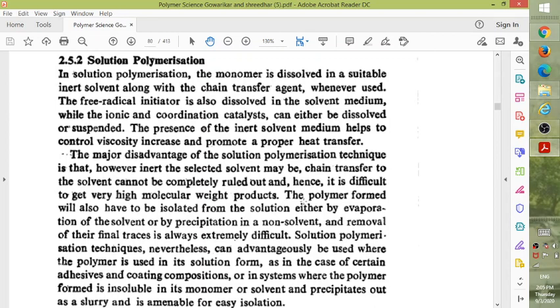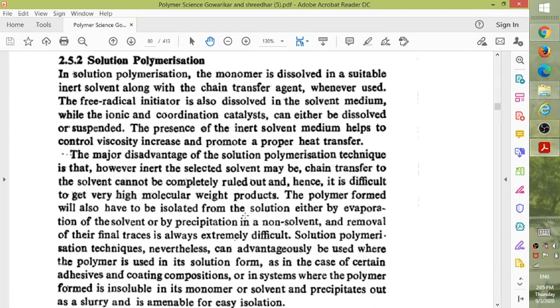The polymer formed will also have to be isolated from the solution either by evaporation of the solvent or by precipitation in a non-solvent. So you see the major disadvantages: you may be selecting a very inert solvent, but still there is some part of it which will react with the chain transfer agent and which will lead to termination, and you will get a product which does not have a high molecular weight.